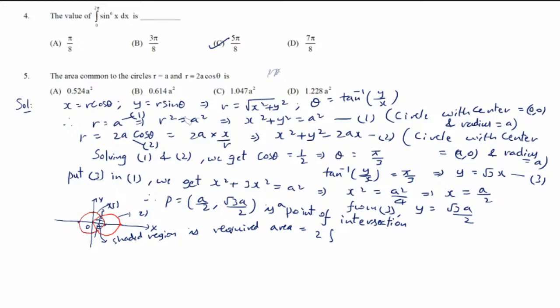This line, if I extend, is nothing but x is equal to the corresponding P coordinate, a by 2. So 0 to a by 2. So before the vertical line, the blue color vertical line, on the left side, the corresponding red color curve corresponds to equation 2.